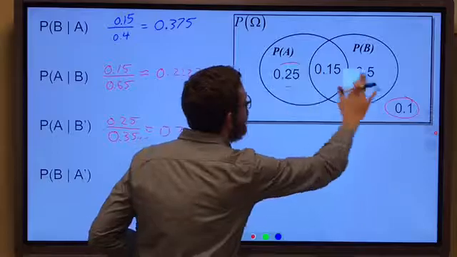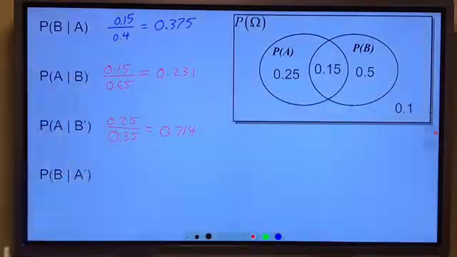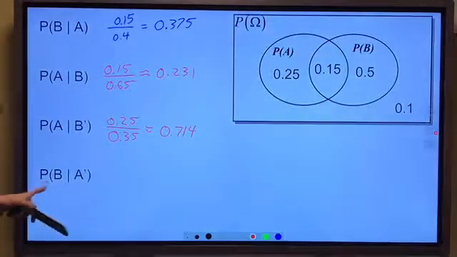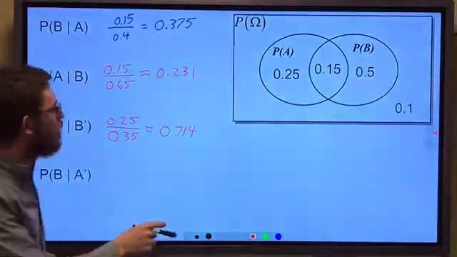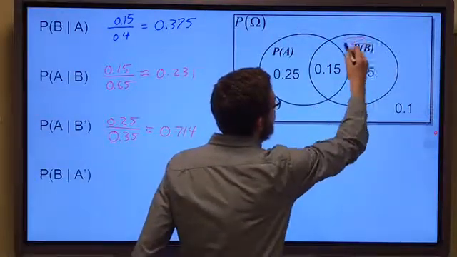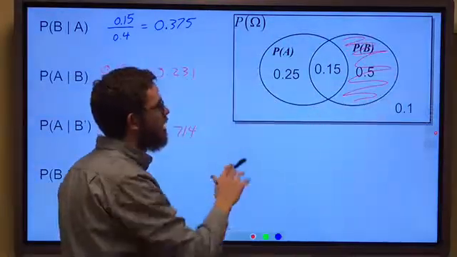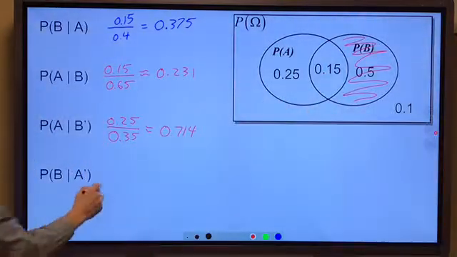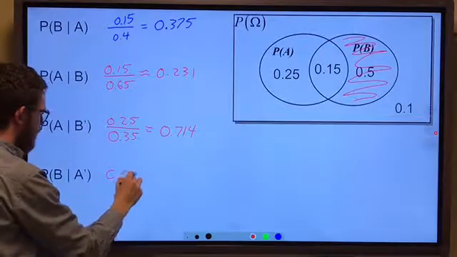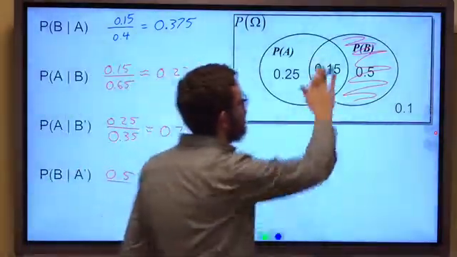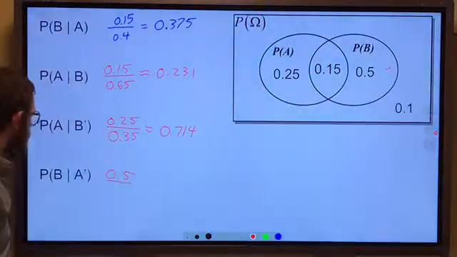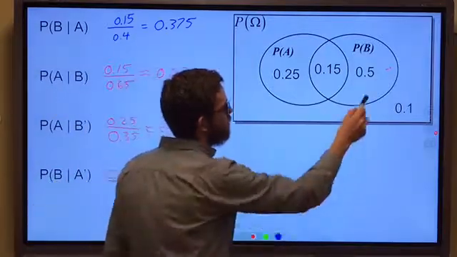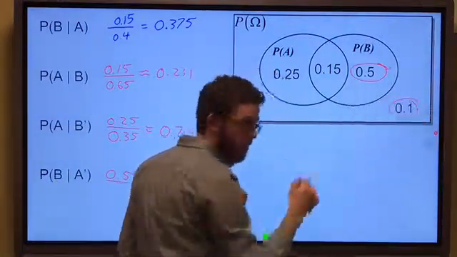Last one here, the probability of B given not A. Well, both of these things happening, once again, the probability of it being B and not A is just this region right here. That is both B and not A. So that would be 0.5 on the top, because that is both of these events happening, divided by the probability of not A. Well, not A would be that 0.5 and the 0.1.